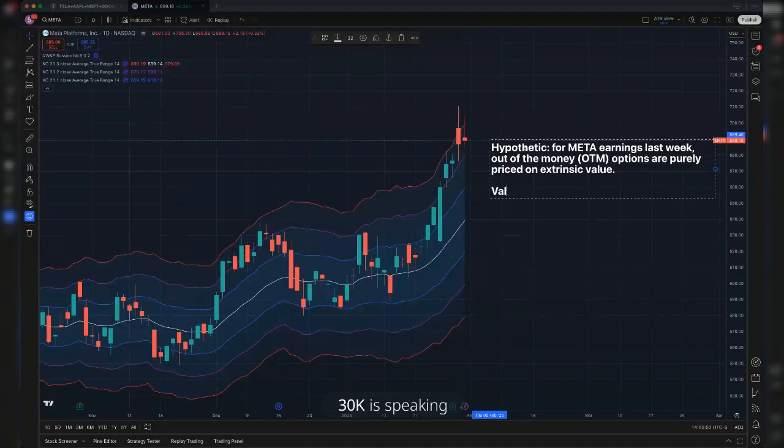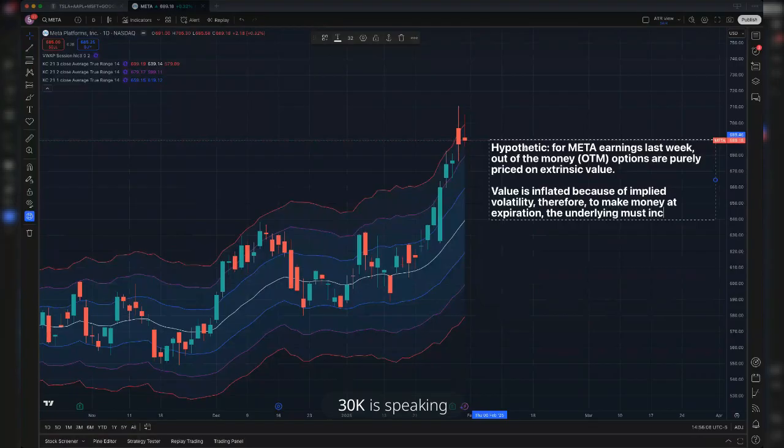Value is inflated because of implied volatility. Therefore, to make money at expiration, the underlying must increase above the strike and the premium.